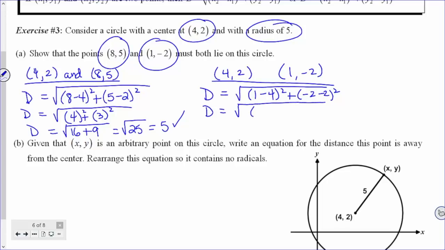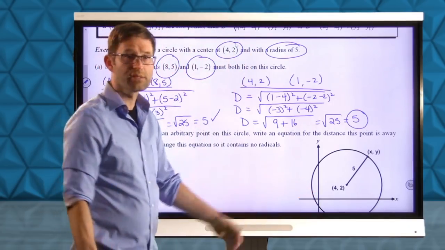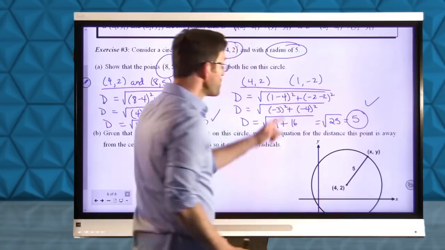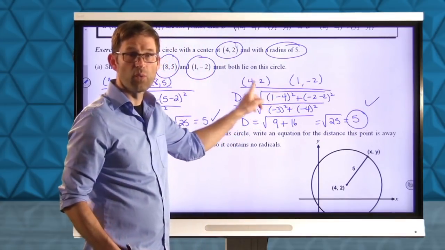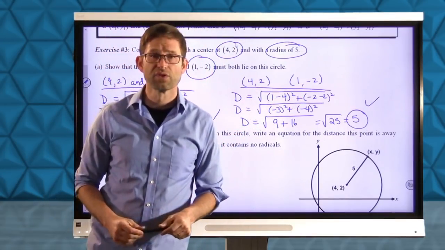Hopefully not too bad for you though. 1 minus 4 is -3 squared. -2 minus 2, watch out, is -4 squared. Always remember, when you square a negative, you get a positive. -3 squared is 9. -4 squared is 16. That gives us again the square root of 25, which is 5. So yes, right? This point lies 5 units away from the center, therefore must lie on this circle.